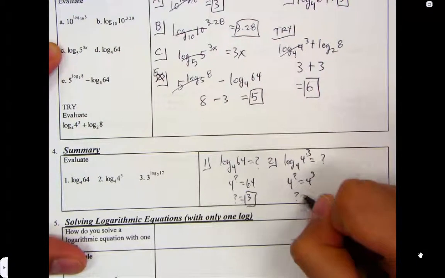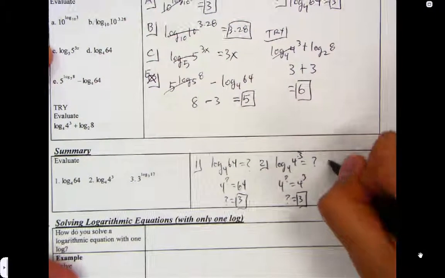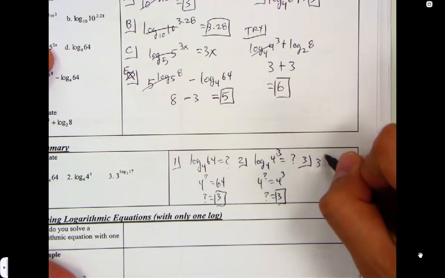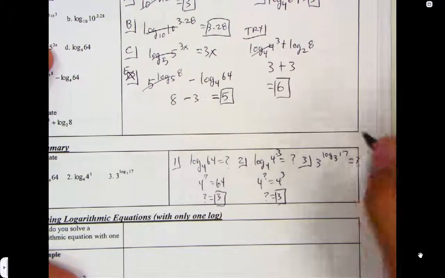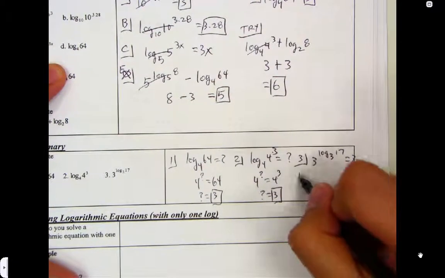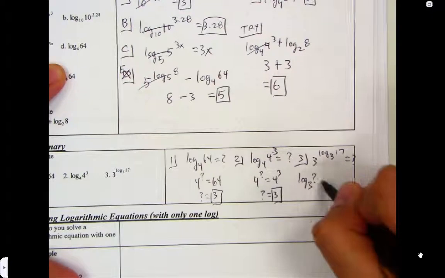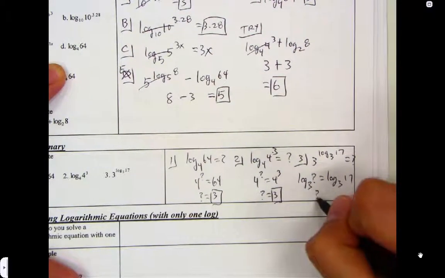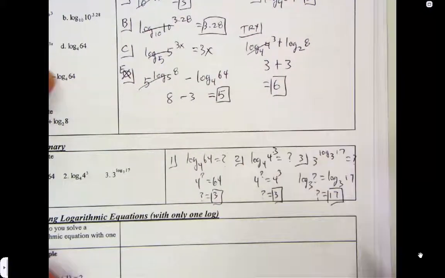That means question mark is equal to 3. And the last one, 3 to the log base 3 of 17. If I rewrite this in log form, this means log base 3 of what will give you log base 3 of 17. So question mark probably has to equal 17.